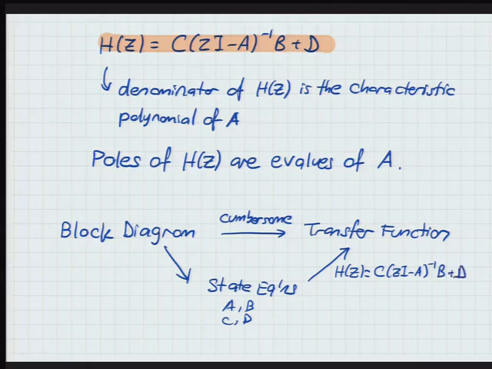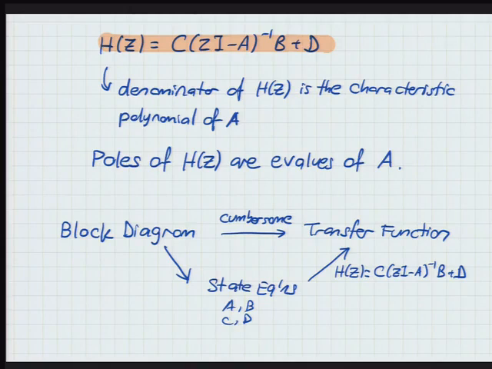So the only thing we need to know, we know how this arrow works. We know how to go from state equations to transfer functions. We just need to know how to go from block diagrams to state equations, and that's actually fun. It's really fun. It's like a little puzzle, but there is a procedure for it, and it follows very nicely.